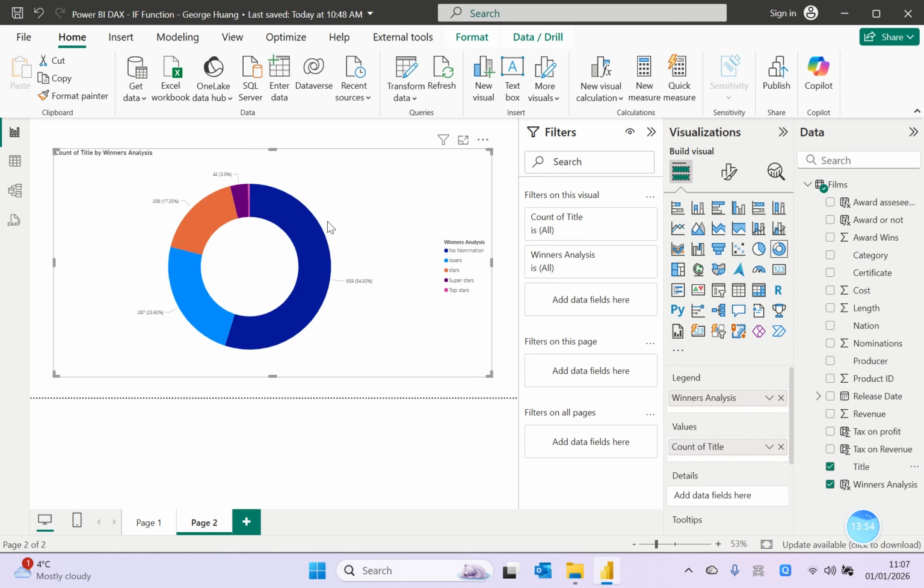Then we can find that no nominations is the biggest part, and then the losers is the second largest part. Then the stars, superstars, top stars. That definitely meets our expectation, and it's very logical.